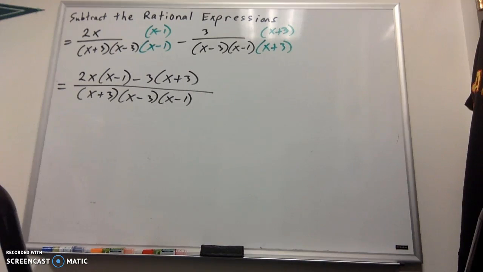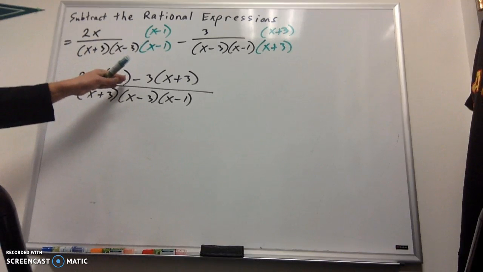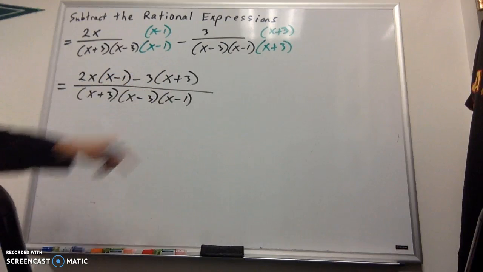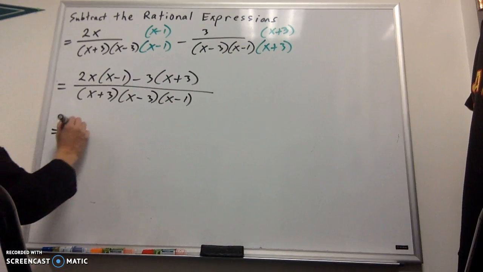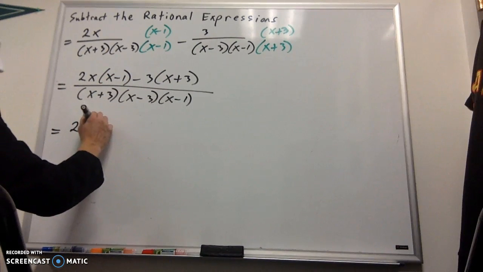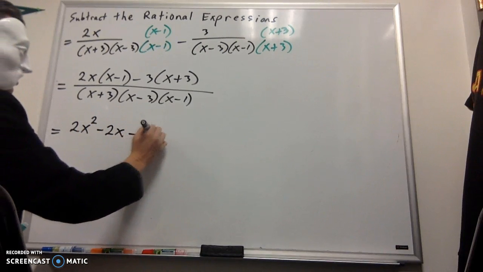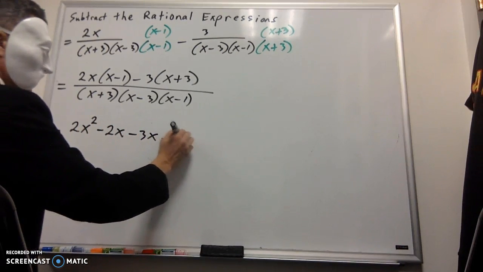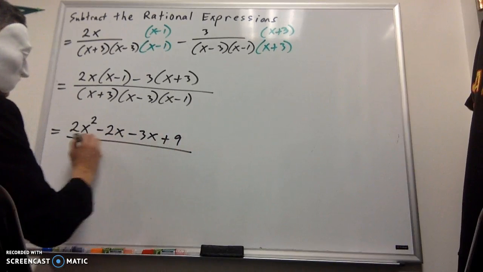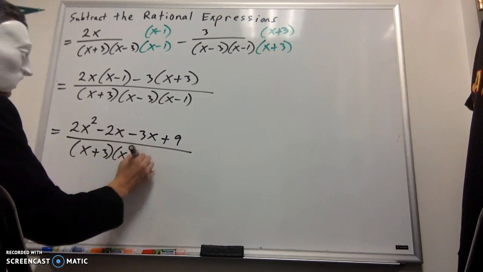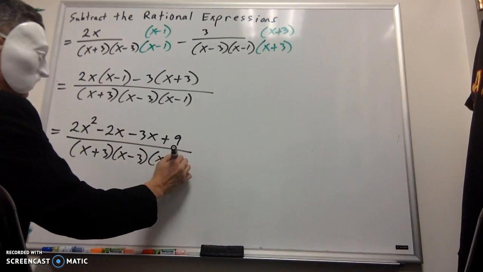My next step is going to be to distribute my 2x through the x minus 1 and the negative 3 through the x plus 3, like this. 2x squared minus 2x minus 3x plus the 9. And it's all over x plus 3, x minus 3, and x minus 1.